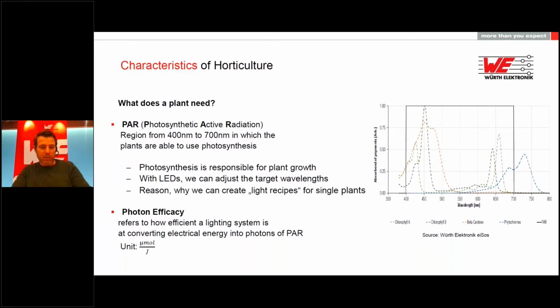What's important for the lamp is the photons, or how many photons, the light carriers, fall on the plant. In this case, we talk about micromoles per joule, and this is the value that basically describes the efficiency of horticulture luminaires. It's similar to lumen per watt. But how can we better describe the photon efficacy?